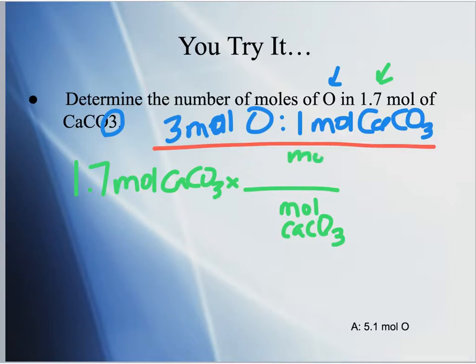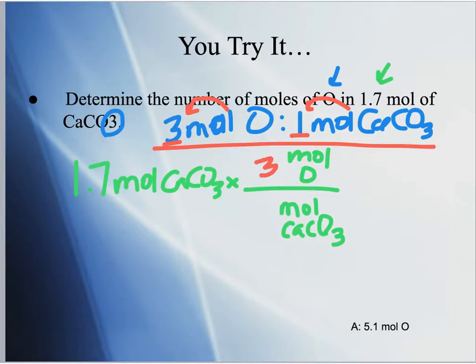And moles of oxygen are on top because that's what we want to end with. All right, and so remember, these units and numbers stick together. So wherever we see moles of CaCO3, we're going to put the 1. And wherever we see the unit moles of oxygen, we're going to put the 3.